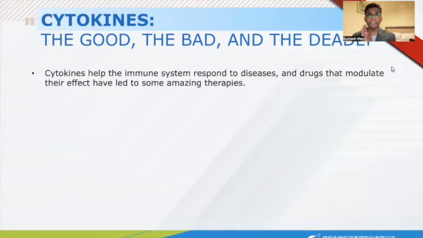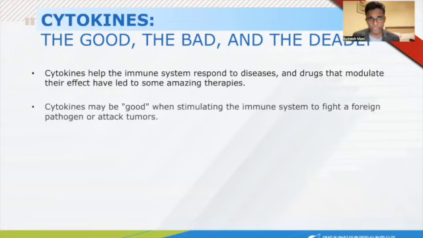We can divide them into the good cytokines, the bad cytokines, and the deadly and ugly. As I said, the cytokines help the immune system to respond to the disease. Sometimes we use drugs and get an amazing treatment effect with the help of the drugs and cytokines together. That's the way immune response works.